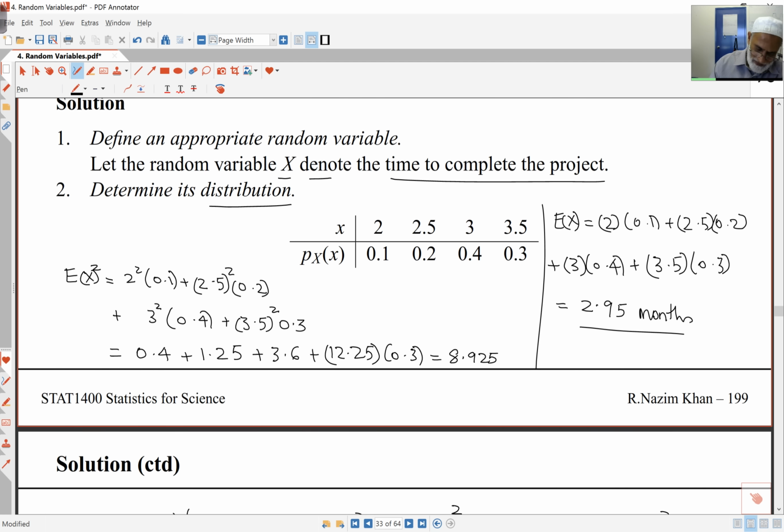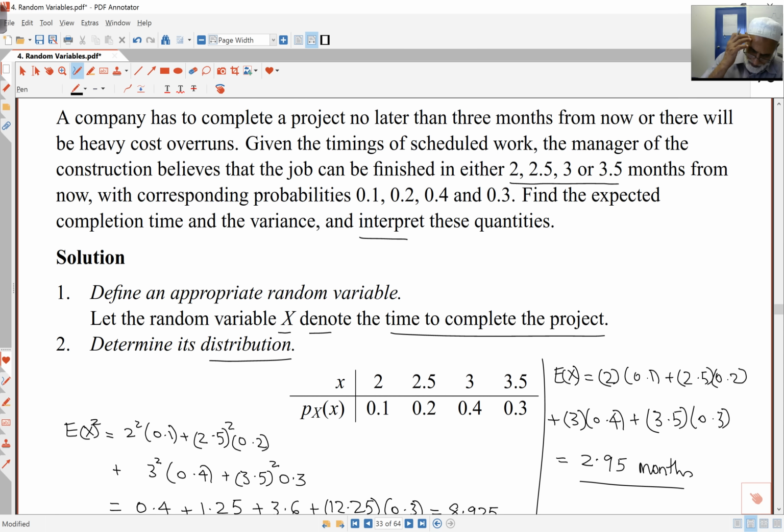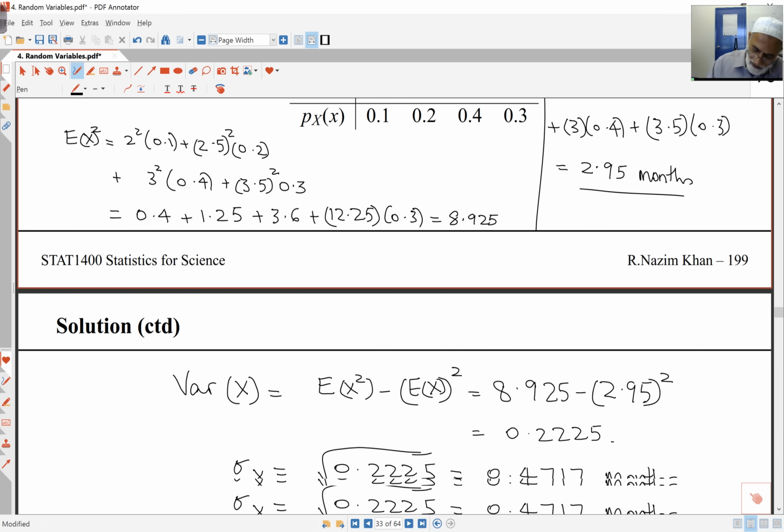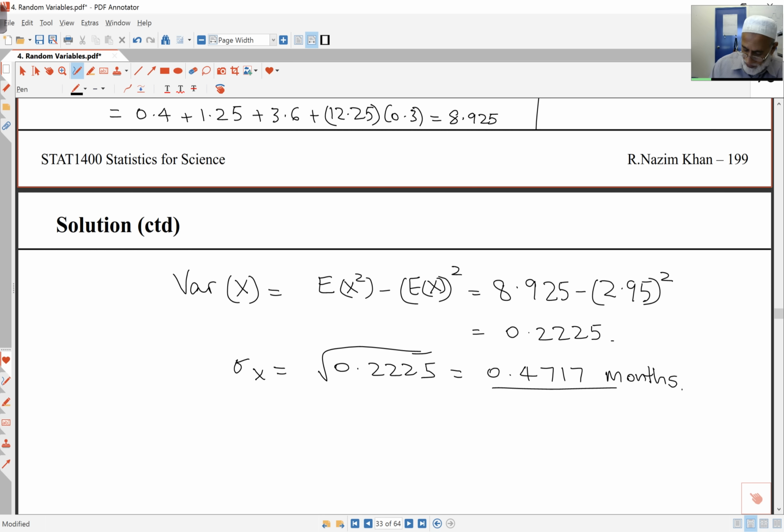Now the question says that the project should be completed no later than 3 months. And so the mean here is almost 3 months as it is. And I've got a standard deviation here of about half a month. So it's very likely, because looking at how data behaves, if the mean is about 3 months and there is a standard deviation as well, I'm likely to be above that quite often.